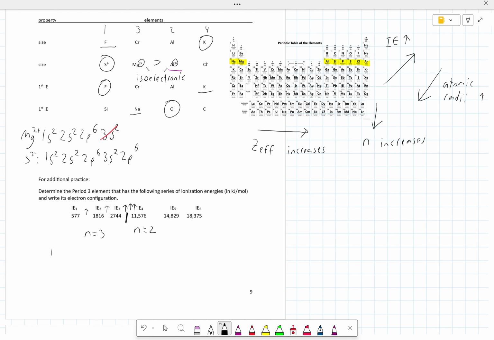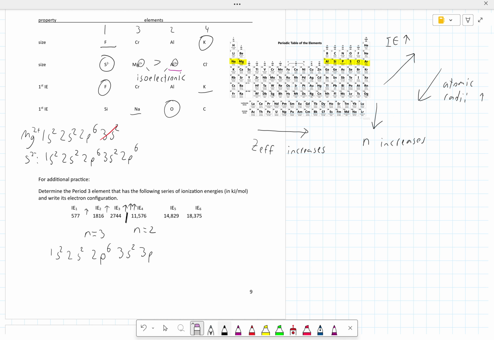Well, I could do this a couple of different ways. I could go to the periodic table, but I actually like thinking about this from my electron configuration. Here is my configuration for argon. If I lose 3 electrons from argon, I get to this point. So that's no good.